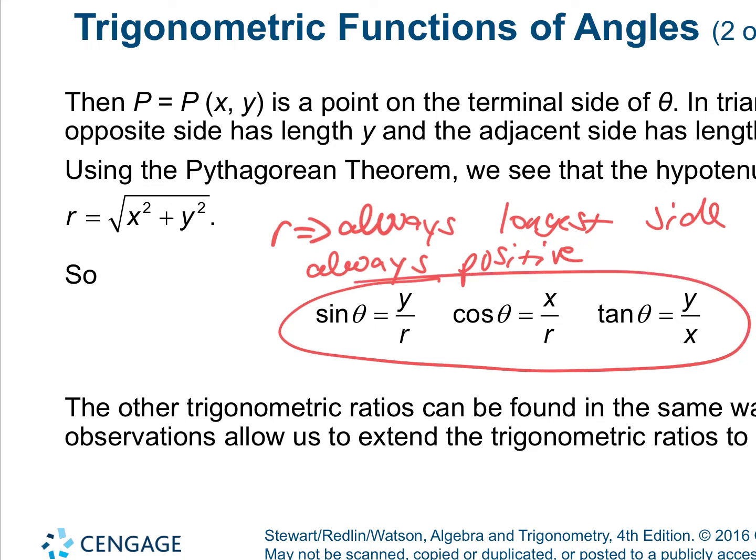If I wanted the reciprocal of sine, what would I do with y and r? It's the cosecant, and you would flip it. If I asked for the secant, what would it be? R over x. And the cotangent would be x over y. Perfect. Good, good, good. You guys are going to be awesome at this.